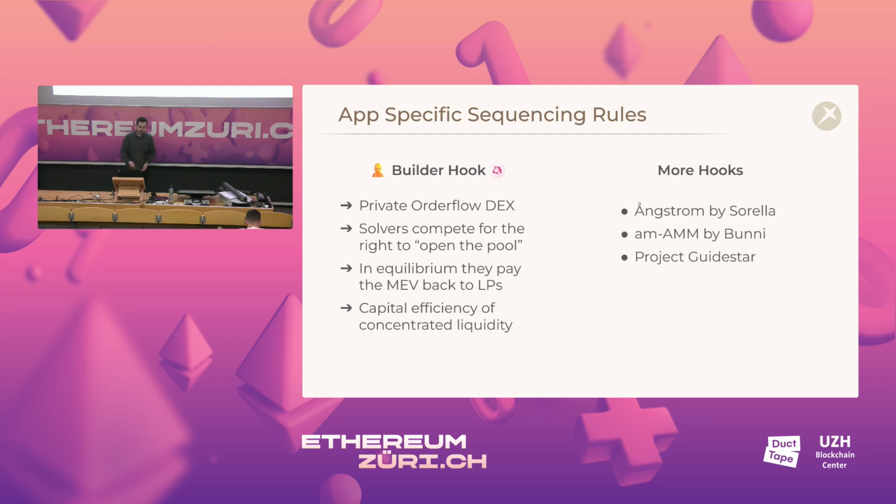There are some other hooks on the way. Very interesting ones, like Angstrom by Sorella Labs, which is basically mixing this kind of builder hook with CoW Swap, doing an auction to place the first transaction and then batching the transactions out.